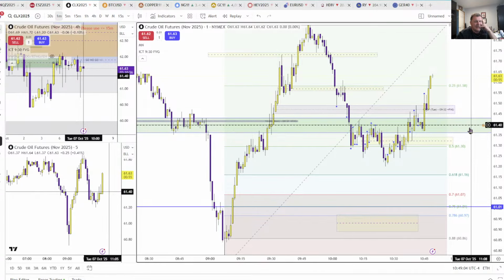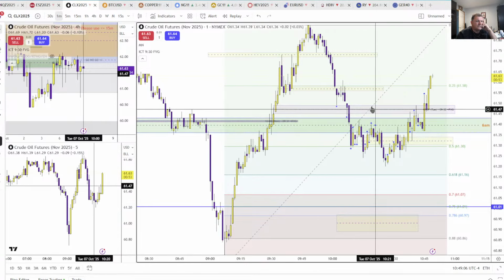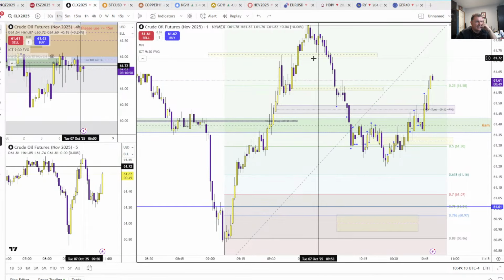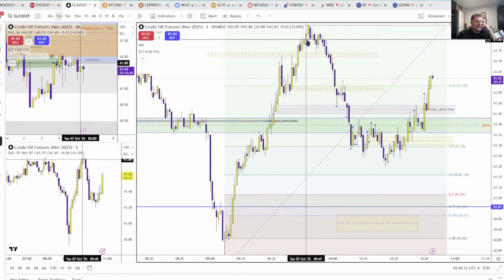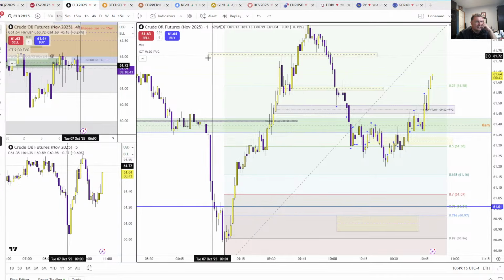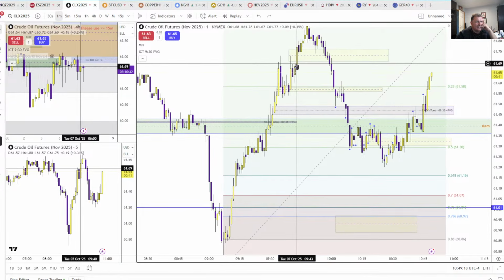This is the next macro. Internal range liquidity hunt, 50-62% on the way up. Looking for a premium box and these little guys up here. So I'm looking for a rate here.